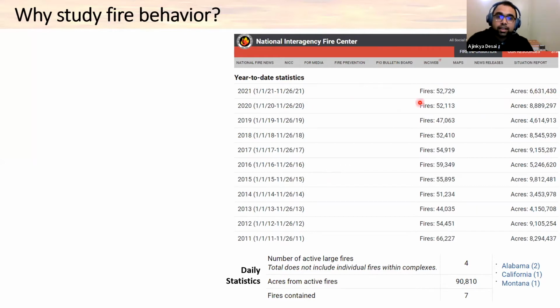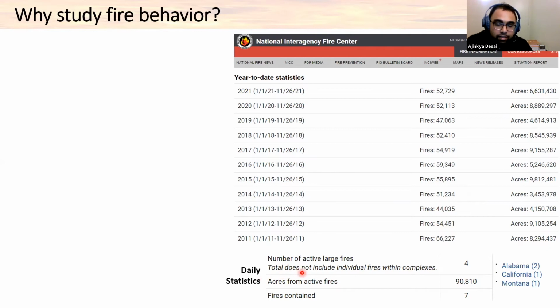If you look at a 10-year year-to-date statistic, acres burnt have been of the order of millions, and the fires have been consistently of the order of 50,000s. So fire management is pretty much an urgent issue.